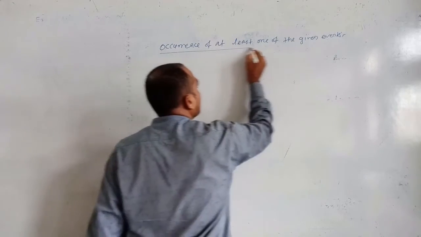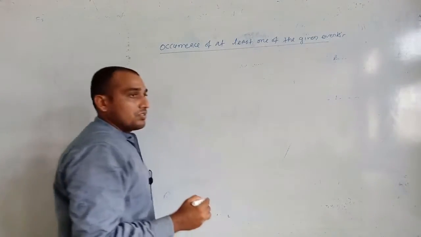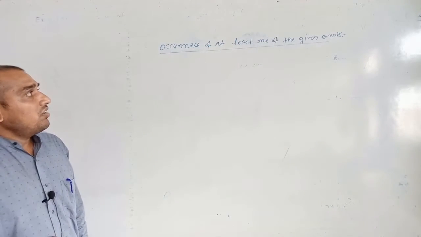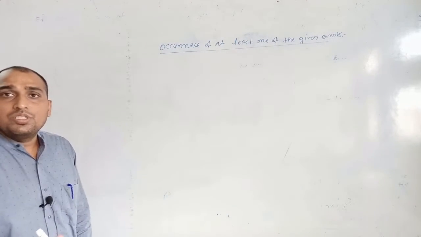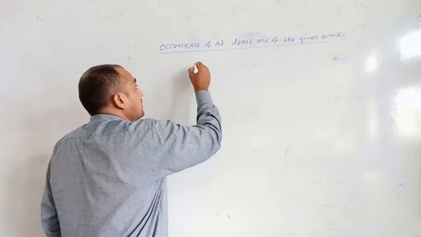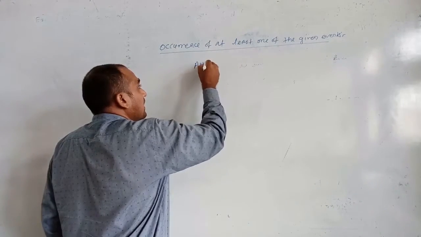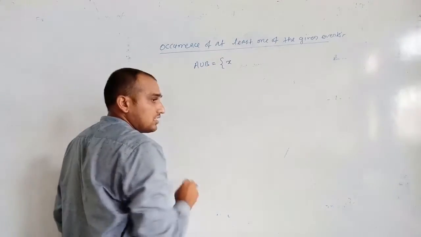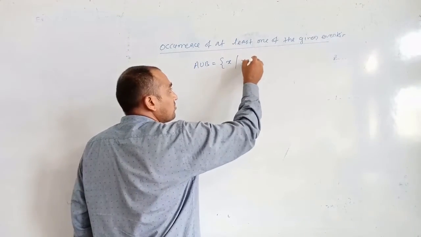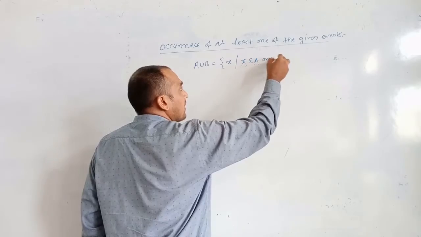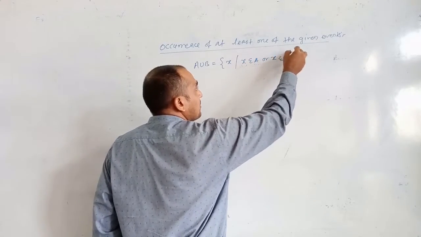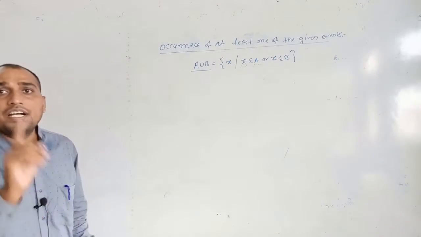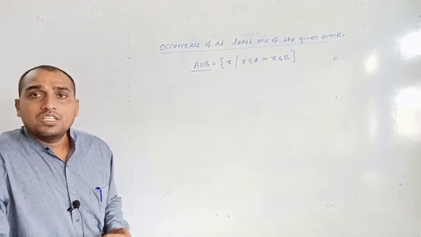So, if A and B are two events, then the occurrence of at least one of the two events is denoted by A union B, which is the set of values of x such that x belongs to A or x belongs to B. So, this part A union B represents the occurrence of at least one of the given events.